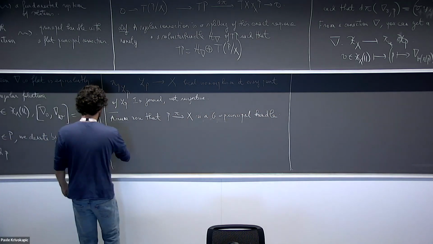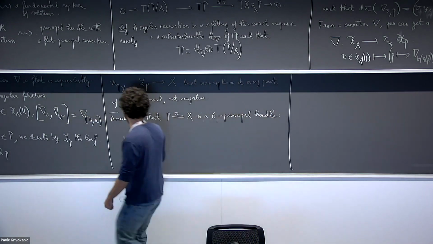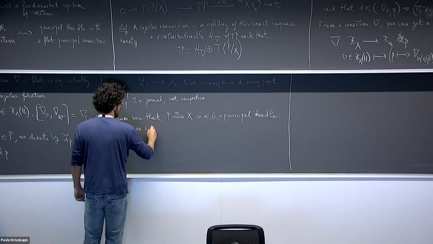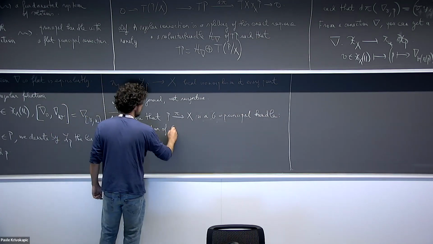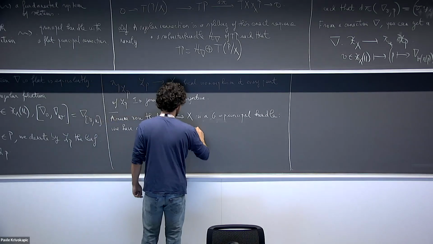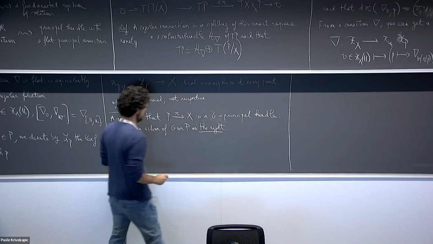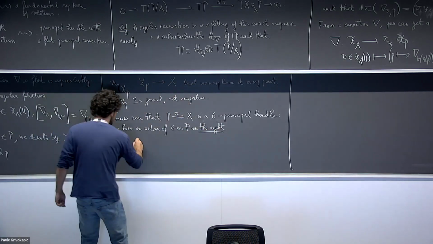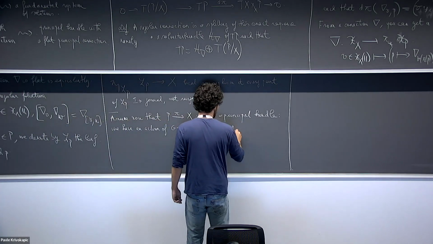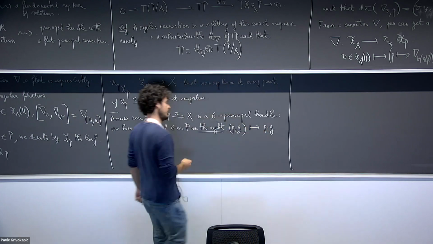This means that we have an action of G on P, and we are going to take the action on the right. I don't really think it matters. So which to (P, g) associates P times G.